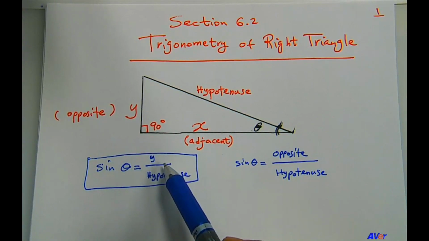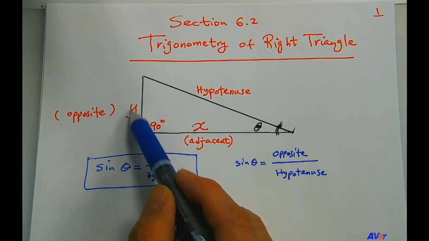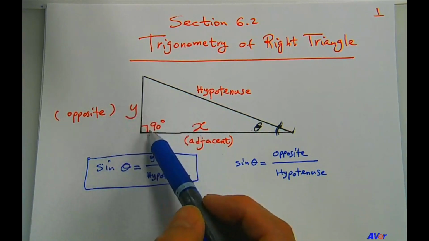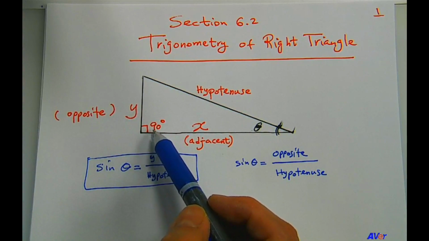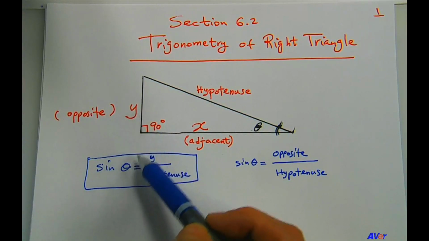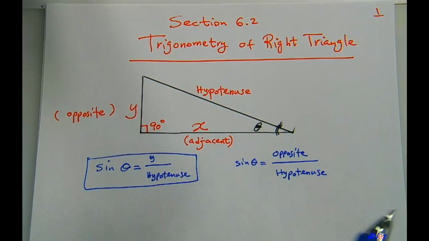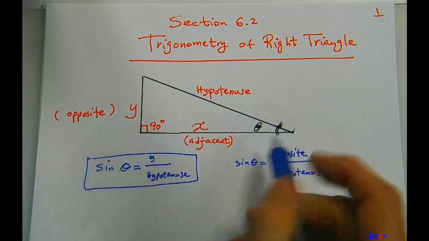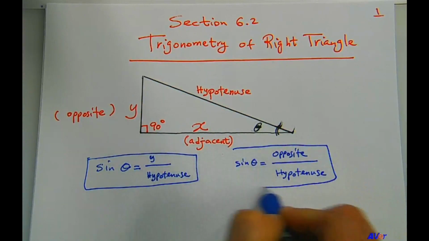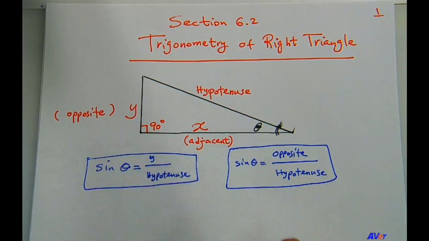The reason being, when we get to polar coordinates, the variables x and y become more important than whether it's the opposite side or the adjacent side. But both types of formulas are equally valid. So you pick whichever way helps you understand this connection better.